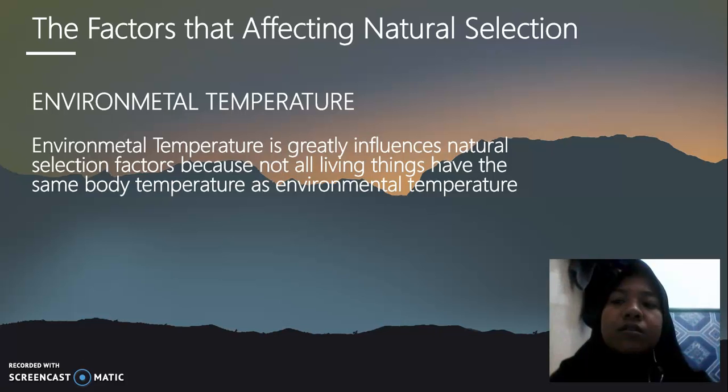The next factor that affects natural selection is environmental temperature. Environmental temperature greatly influences natural selection because not all living things have the same body temperature as the environmental temperature.